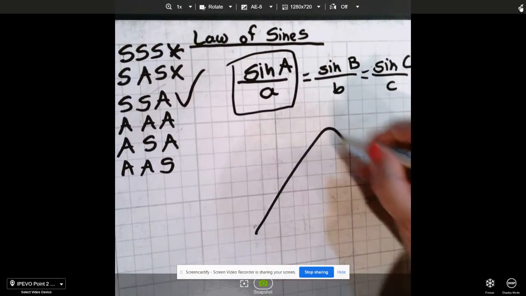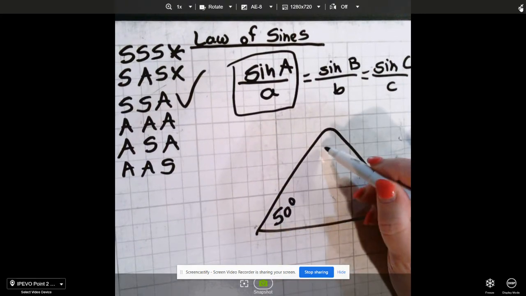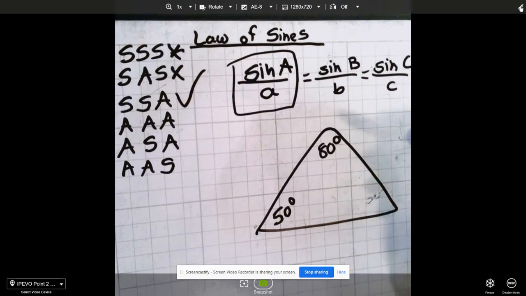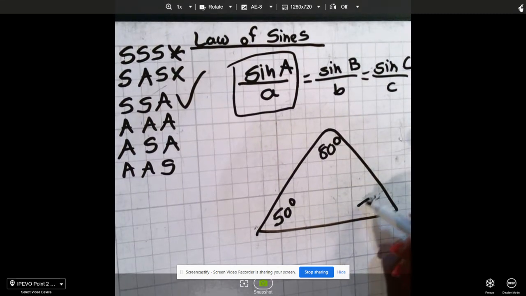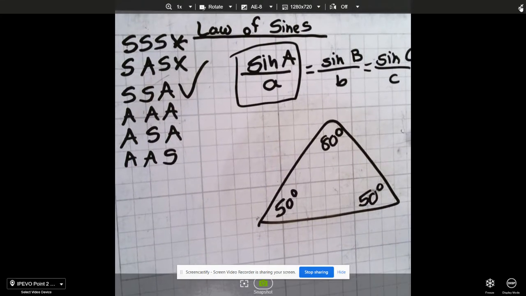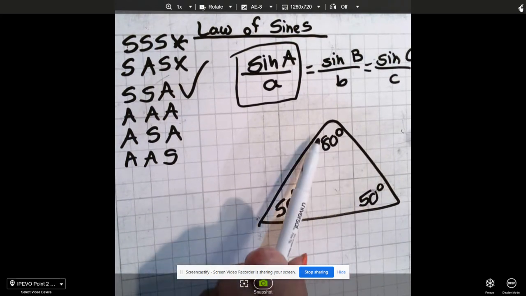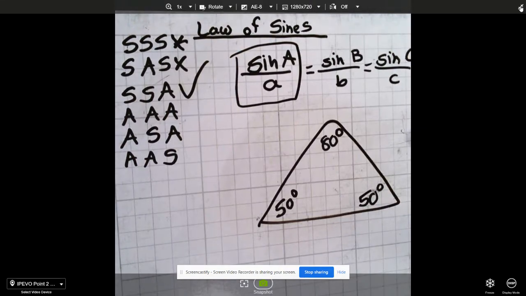Let's look at angle, angle, angle. If I knew this was 50 degrees and I knew this was 80 degrees, that's what, 130, so this here would be 50 degrees. If I knew all the angles, well, I can't use the law of sines because, again, I have to have at least one angle and the side opposite. And in this case, I don't know any of the sides, so that's not going to help.